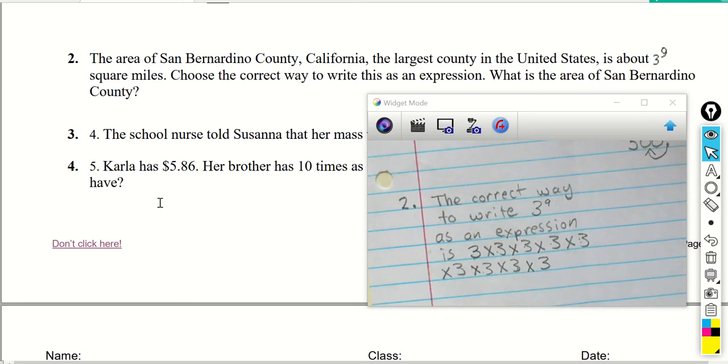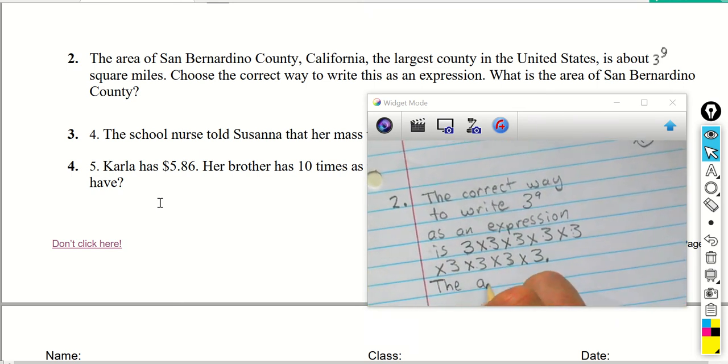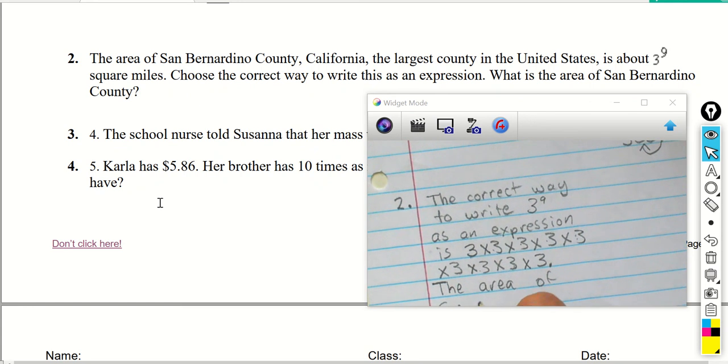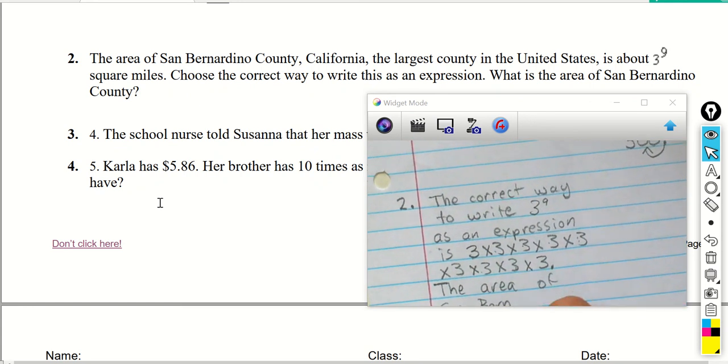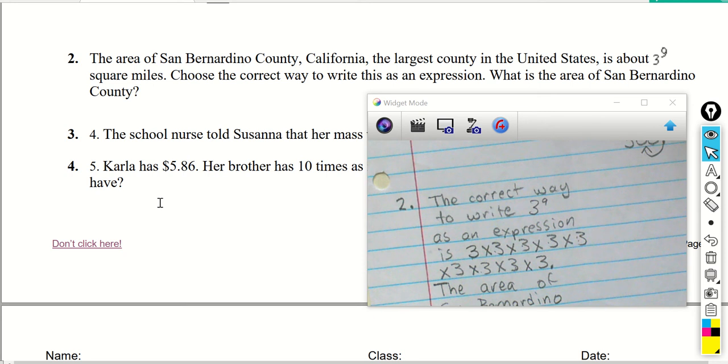Now the next part is to figure out the area of San Bernardino County using that expression. So I'm going to write this first. The area of San Bernardino County is, and I'm going to leave it blank, and it's saying square miles.